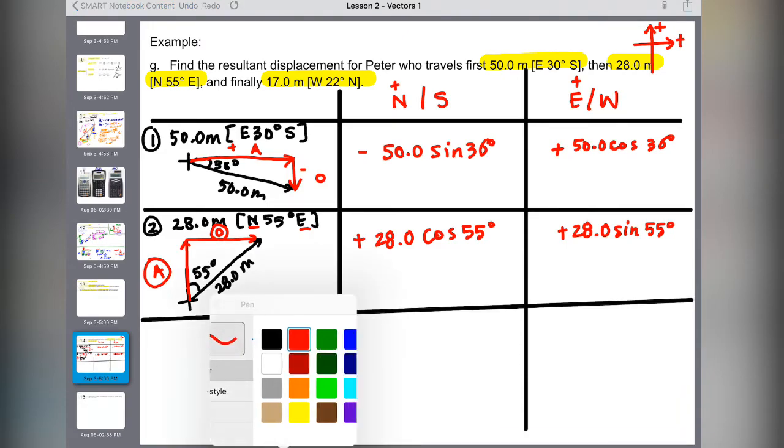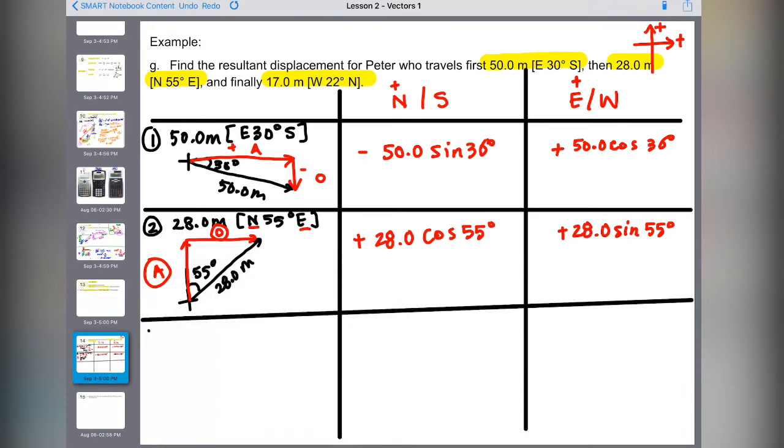Vector 3, it's 17 west, 20 degrees north. So going towards the west, going north.